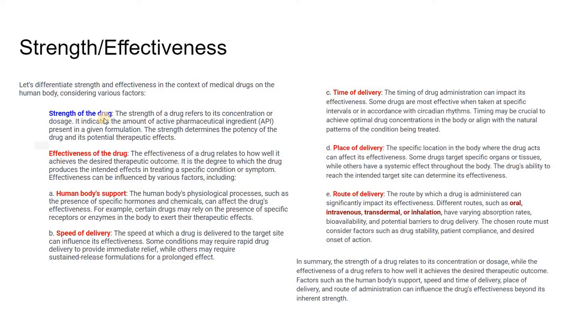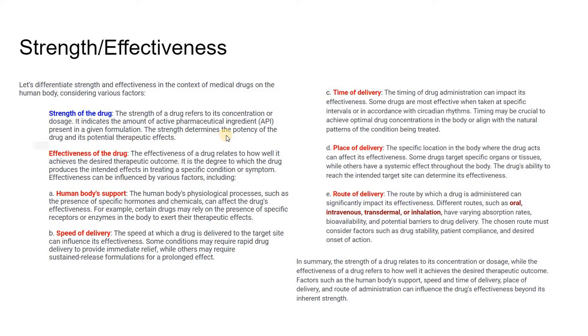Let us see. The strength of the drug refers to its concentration or dosage. So it indicates the amount of active ingredient present in the formulation. So this is more of an inherent nature, like the planets. The strength, the Shadbala, might be more of a strength.